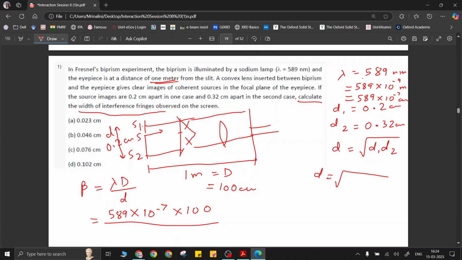I'll use my calculator for this. So d1 is 0.2 multiplied by 0.32.